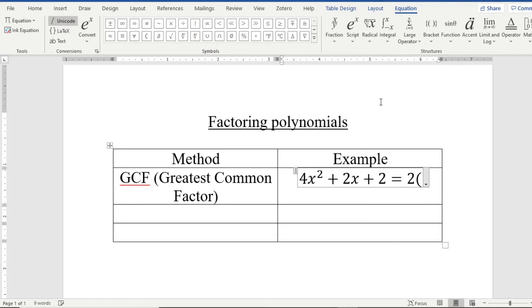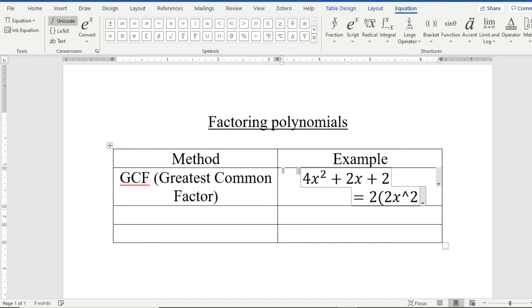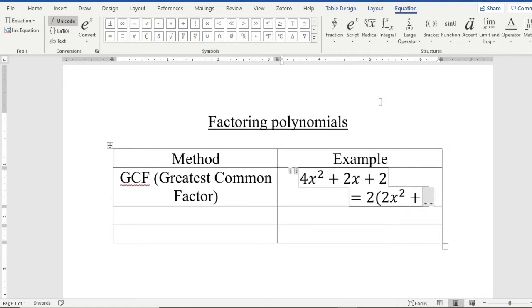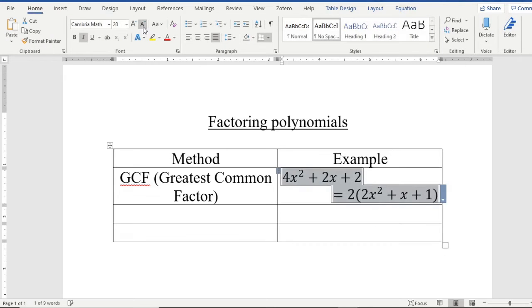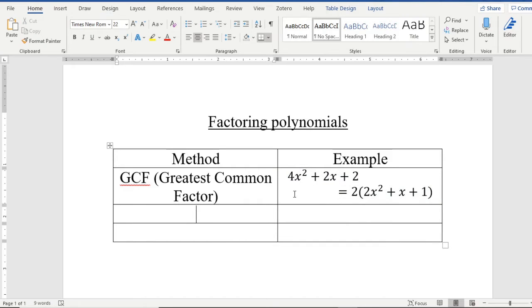That goes out front of the parentheses. 4 divided by 2 is 2, so 2x squared plus x plus 1. So that's factoring through greatest common factor. You look to see what is shared in each term, whether it's a number or a letter, and then you divide each term by that. And what you divide by comes out front.